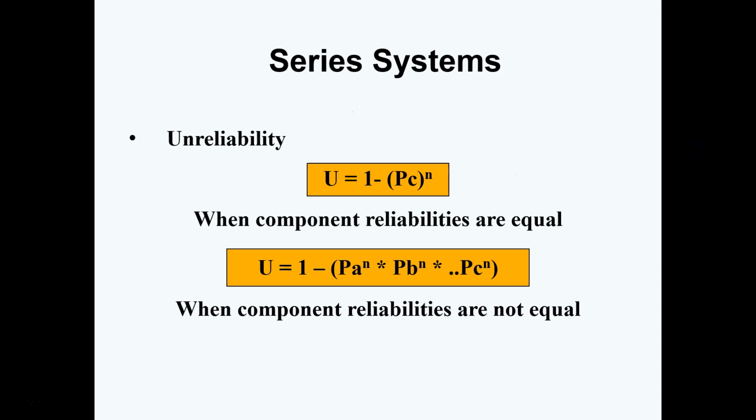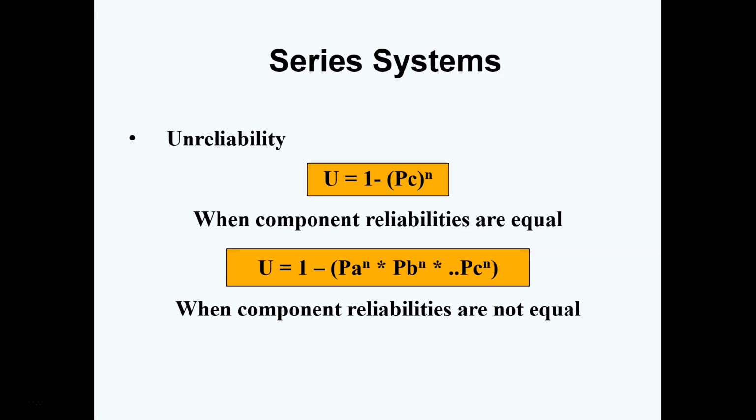The unreliability of the system will equal 1 minus the reliability. Remember that it's a probability. So when we say that it's 99% reliable, then it's 1% not reliable.